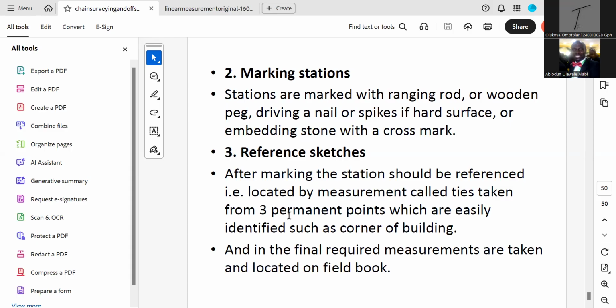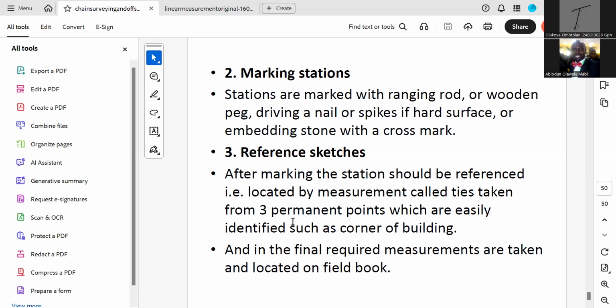So that's what we refer to as the reference sketch. After you mark the stations on the ground, they should be referenced. And how do we reference them? You carry out measurements, called ties, taken from three permanent points, which are easily identified, such as corner of buildings.